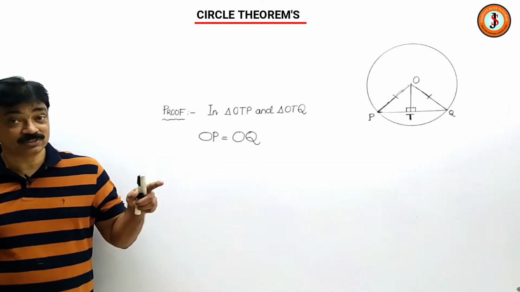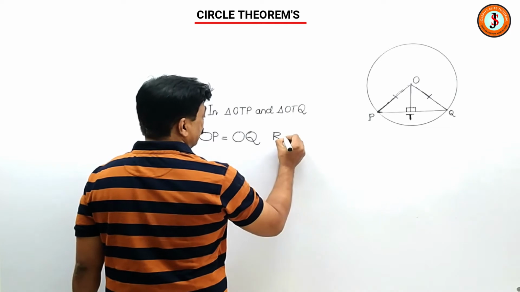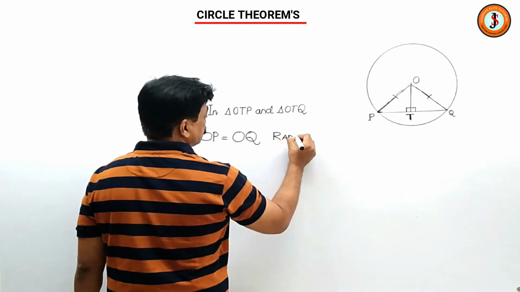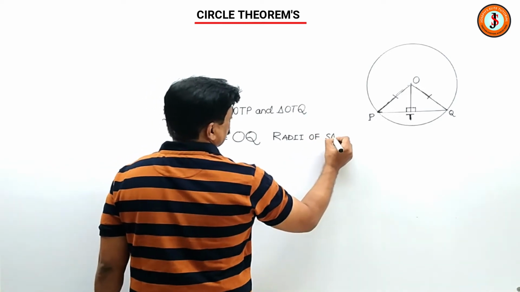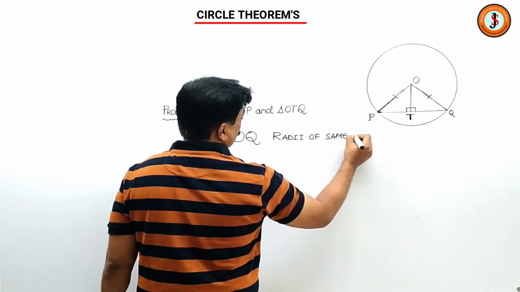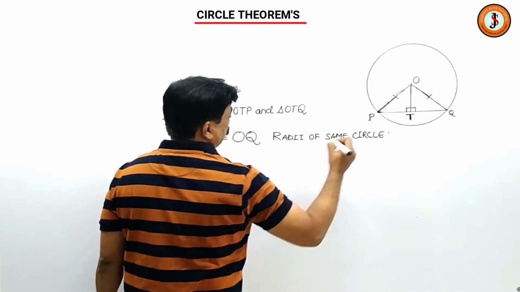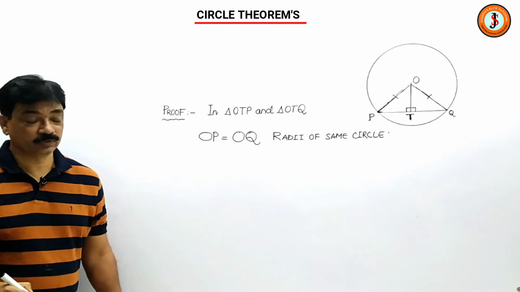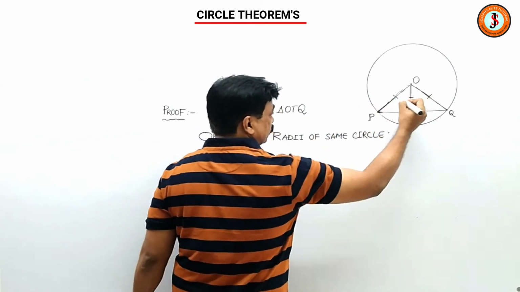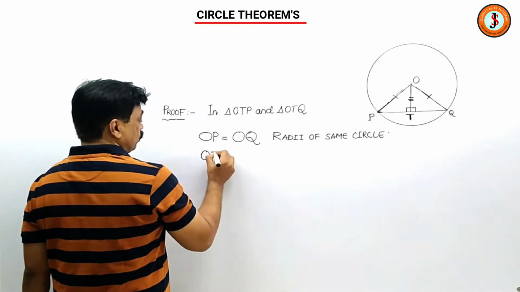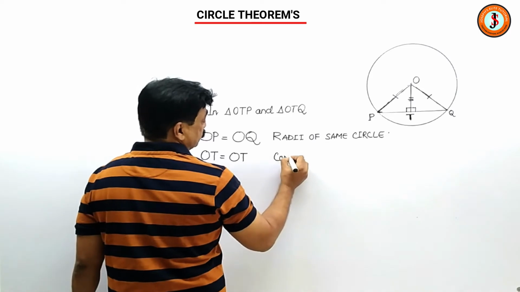Because they are radii of the same circle. Now next, OT is in both, so OT is equal to OT, that is common in both.